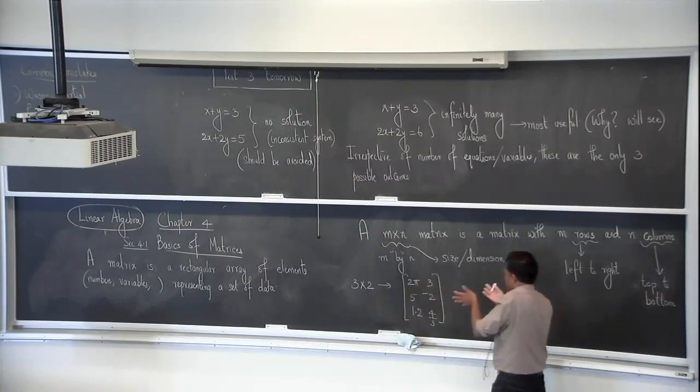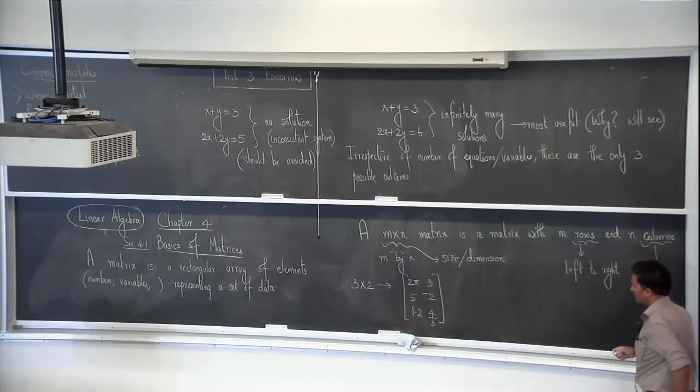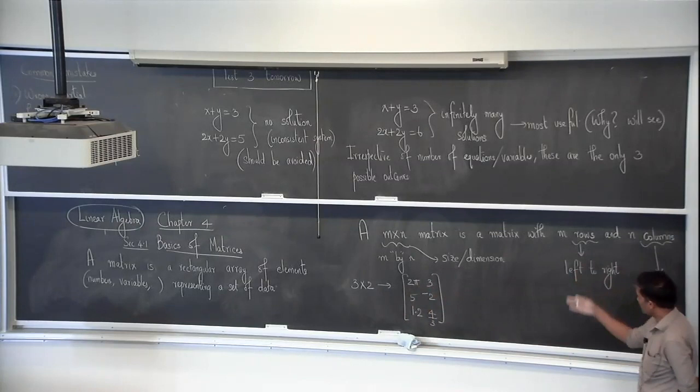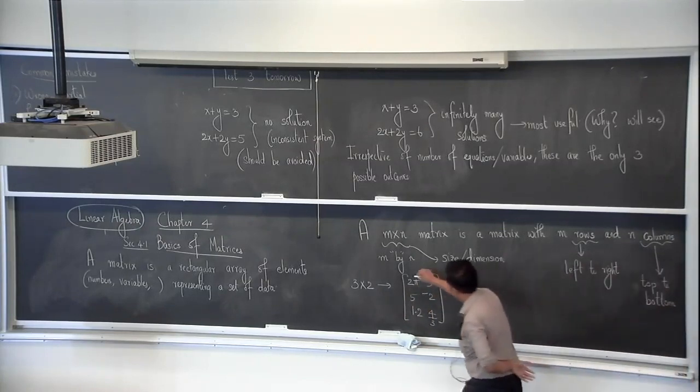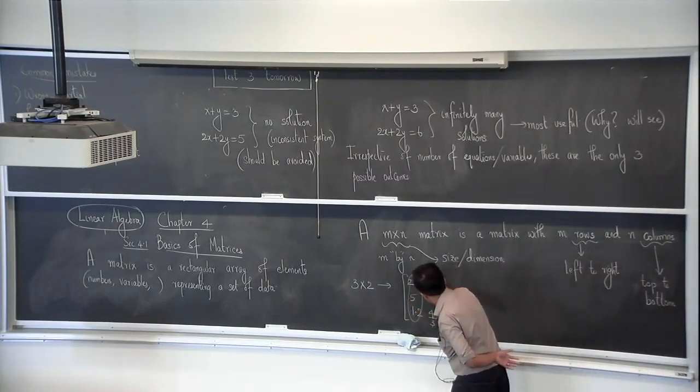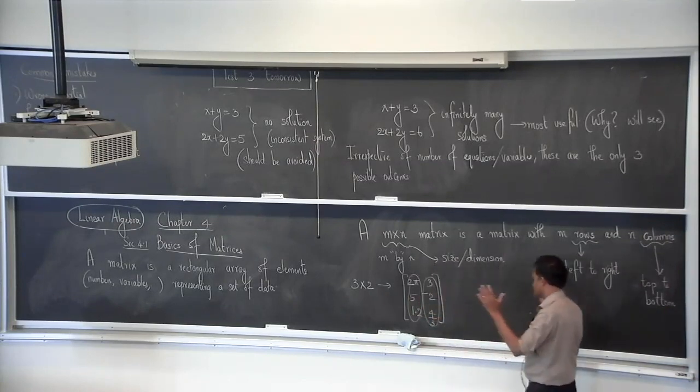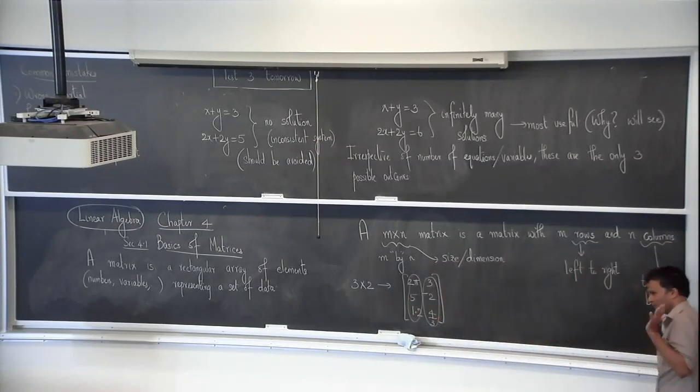Some textbooks call it the size of the matrix, some call it the dimension. And each column, the vertical parts of this matrix, actually represents a vector if you have taken calculus 3, just written vertically.